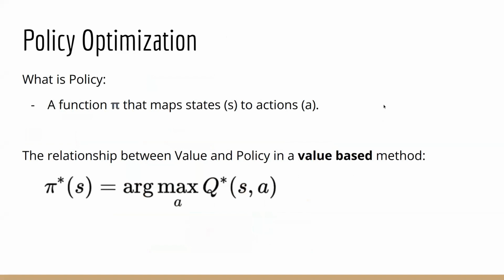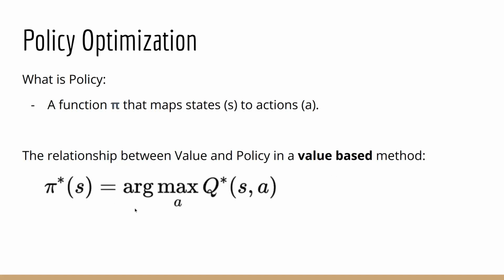To understand that, first of all, we need to know what a policy is. A policy is a function pi that maps a state S to actions A. In a value-based method, like deep Q learning, normal Q learning or double Q learning, there's no explicit function for the policy.